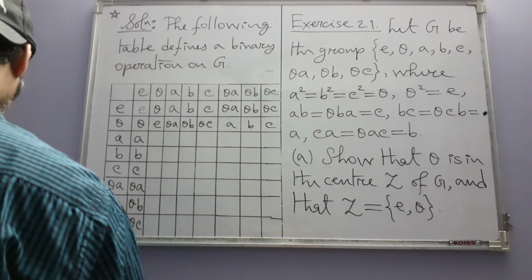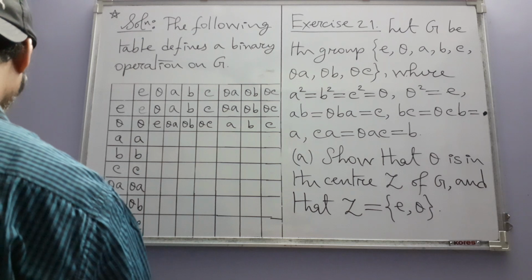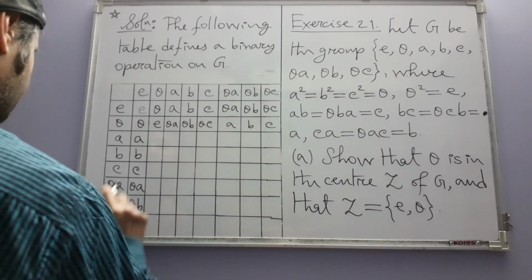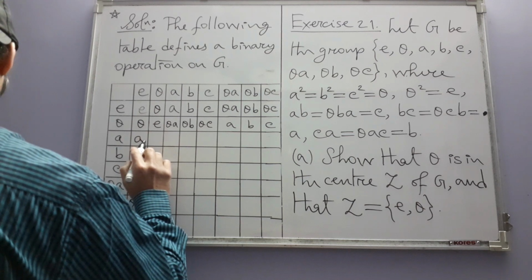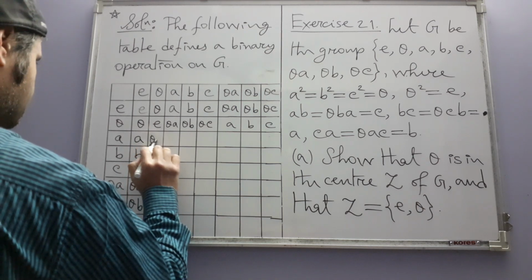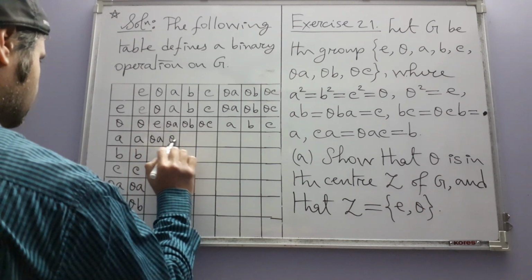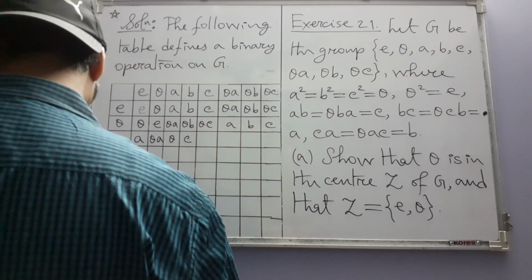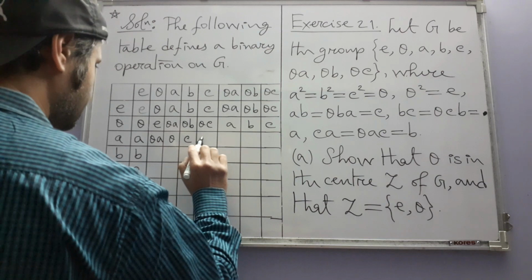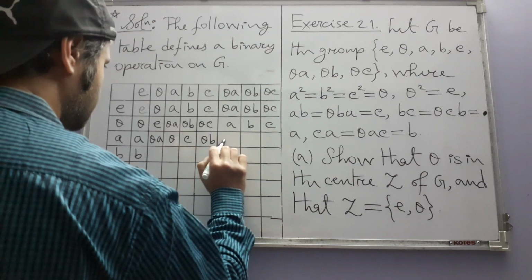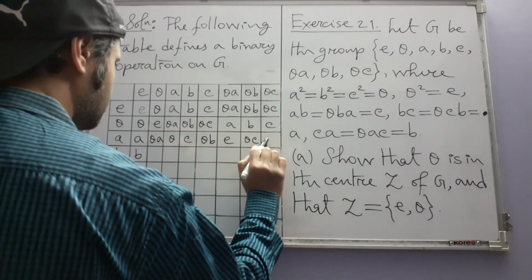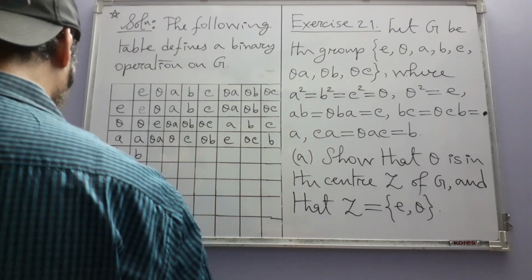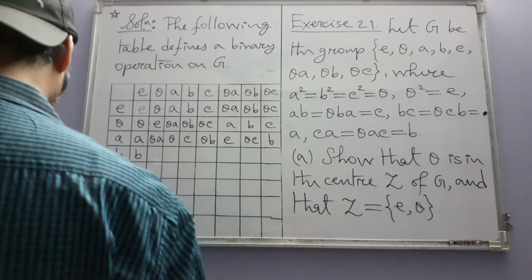Okay, next, the row of A. Theta A, theta C. Theta B, E, theta C, B. Then the row of B. B, theta B, theta C, theta.